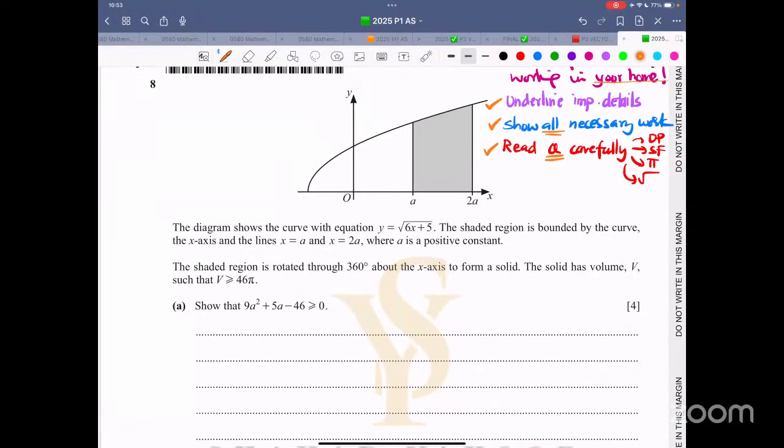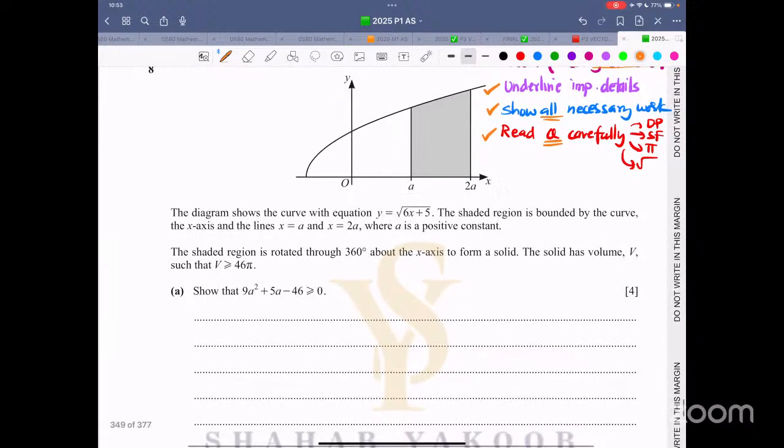So now let's look at question number 8. The diagram shows the curve. The shaded region, let me underline it and put your pencil like this. The shaded region is bounded by the curve, the x-axis, and these two lines, where a is a positive constant.